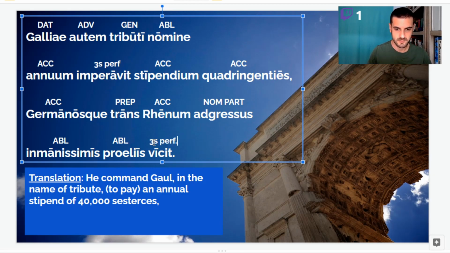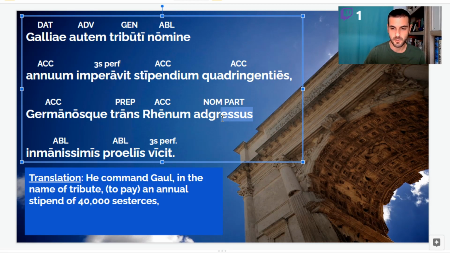So Caesar, he's our subject. Vicit, he defeated the Germans. He conquered the Germans, defeated the Germans. Trans Rhenum aggrassus. So aggrassus means to go towards. It can also mean to attack, right?